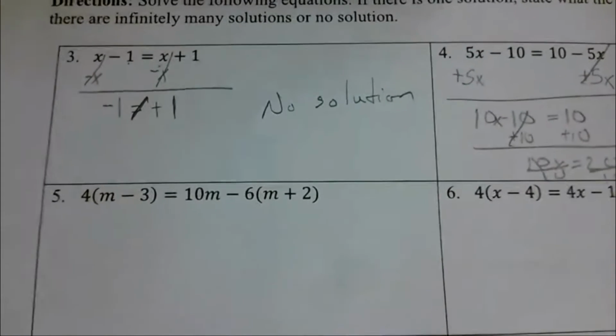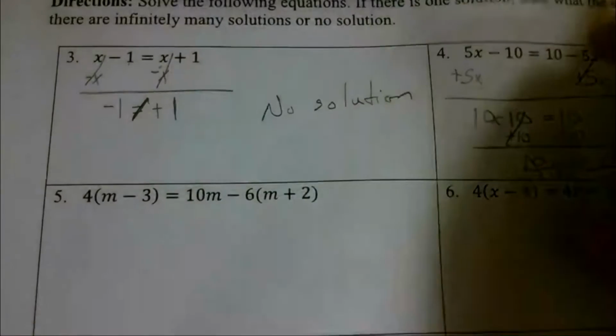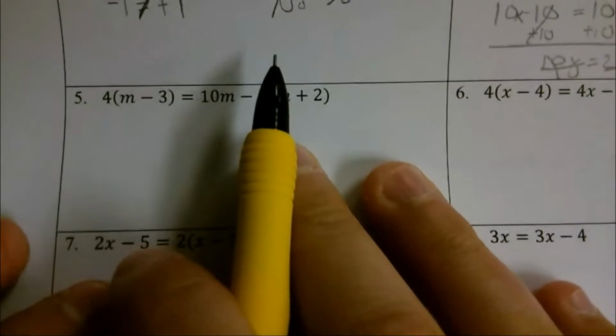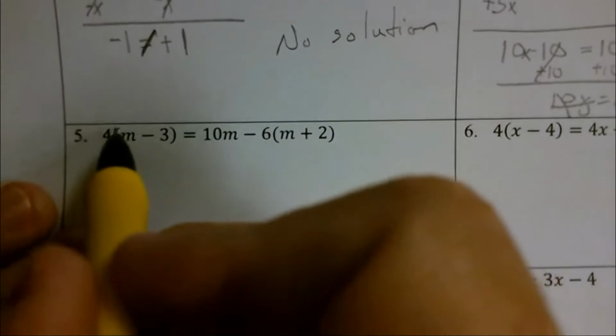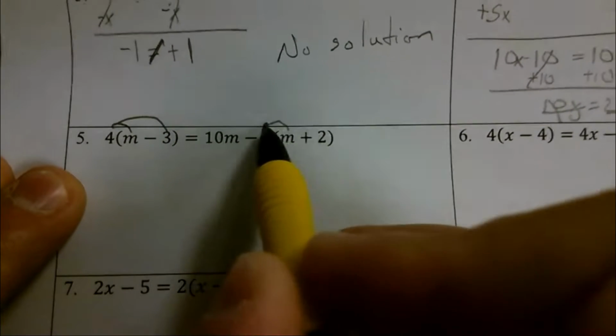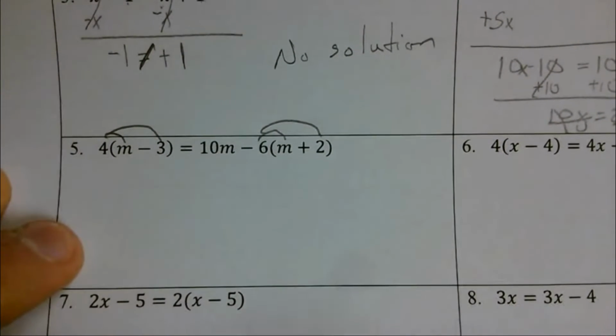Okay, let's go to number 5. Alright, in number 5, we're going to have to distribute first. So I'm going to distribute this 4 to everything in there and this negative 6 to everything in there.